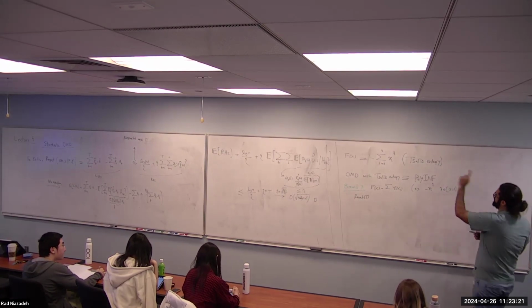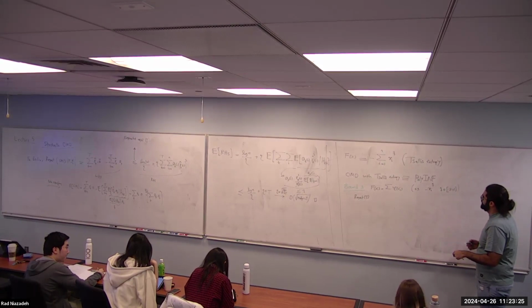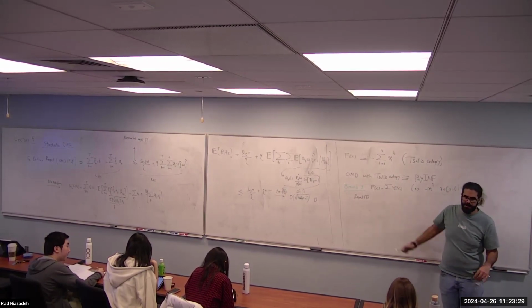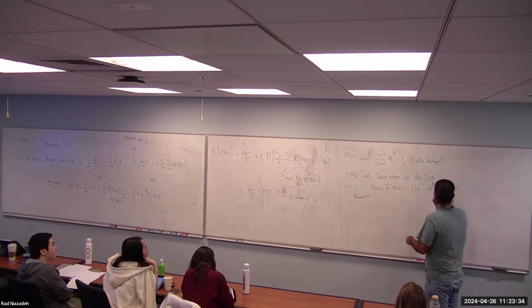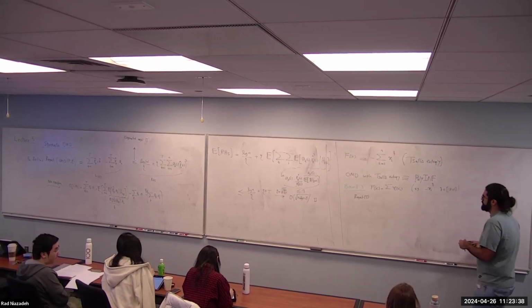The square root of x, for example, is concave, so minus the square root of x is strictly convex. I never said the mirror map should be positive. You don't have to have positive mirror maps. You can have positive mirror maps, that's nice, but it doesn't really matter. And yeah, it has all the properties we want.